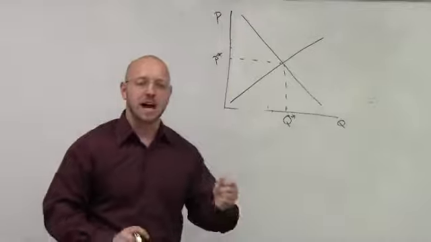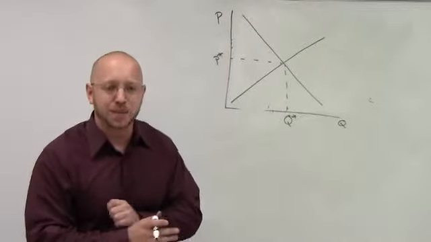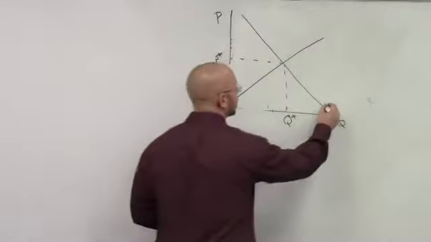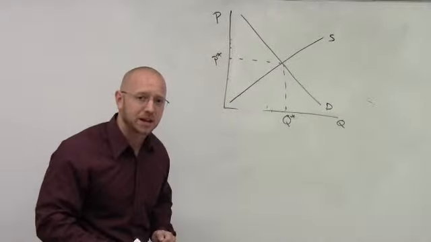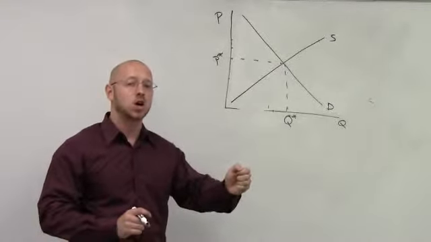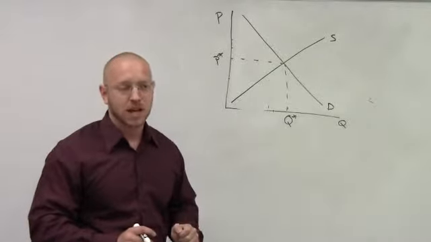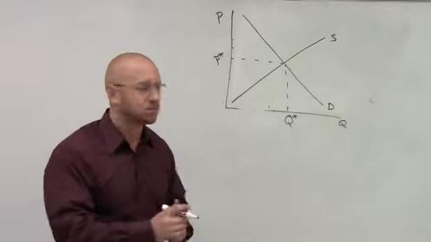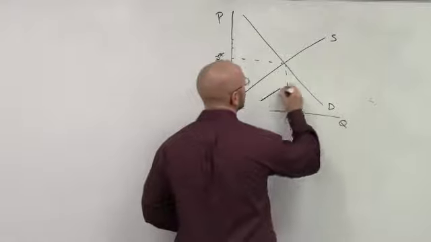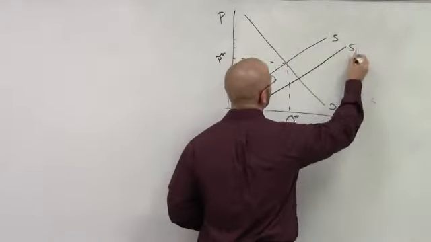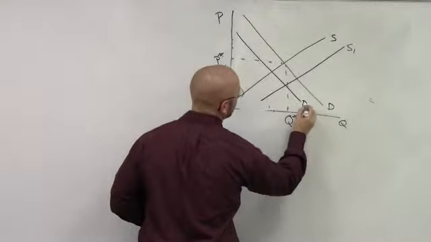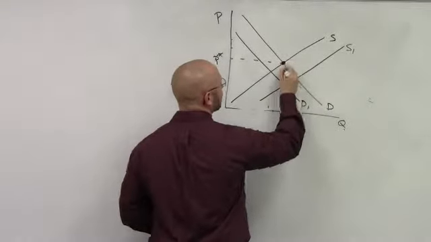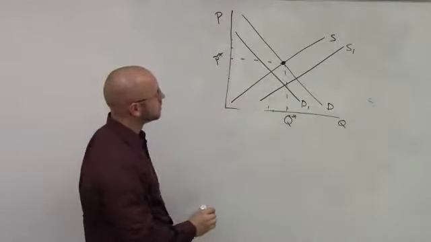Now, what if both supply and demand change for some reason? All right, what's going to happen then? Let's say supply goes up and demand goes down. Remember, that was our original point.